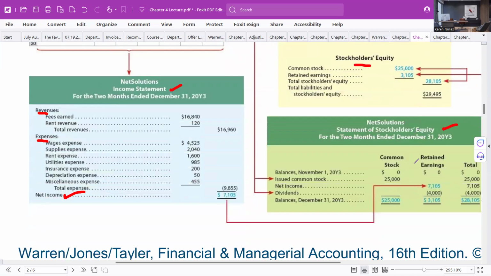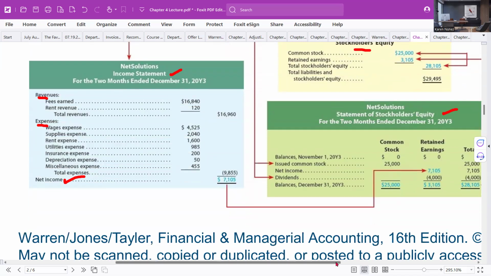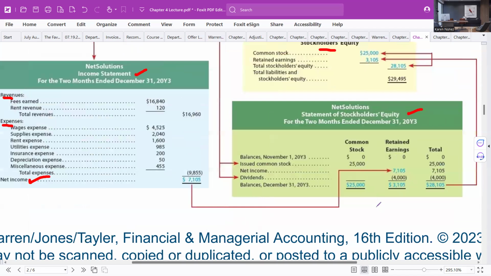Then the stockholders' equity statement shows a summary of the activity in stockholders' equity. We see the common stock starting point and any additions. We see the retained earnings: the starting balance plus any income minus the dividends, and the net of the two. When we sum these together, we end up with the ending balances in stockholders' equity.